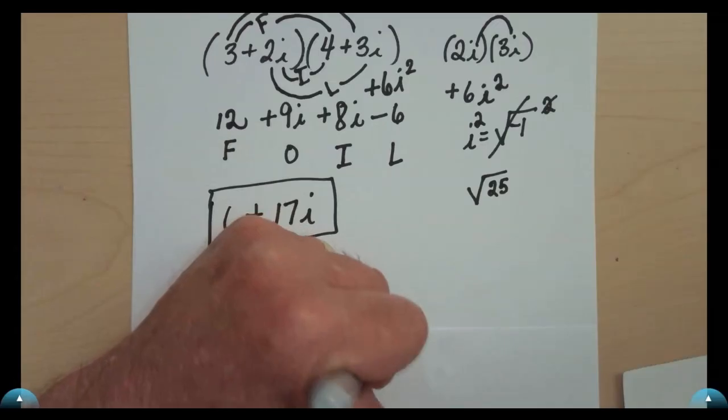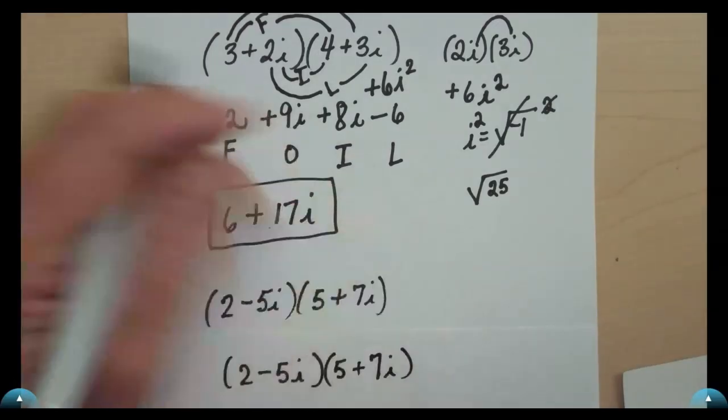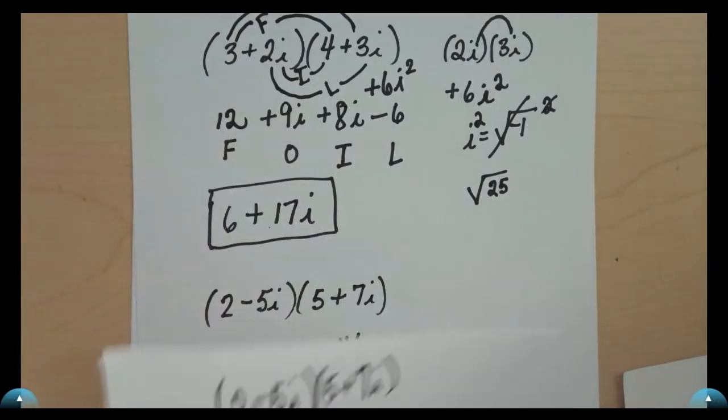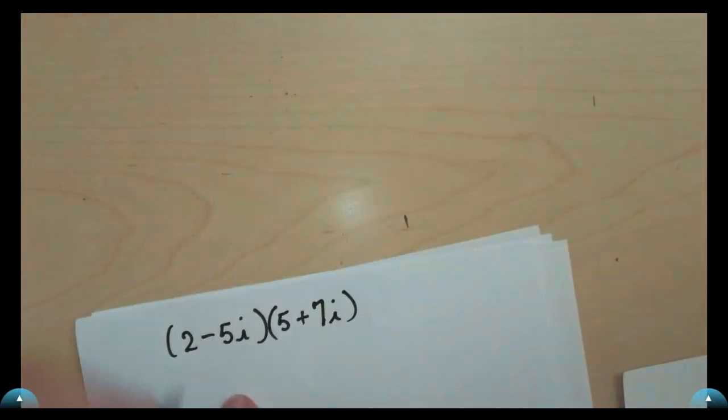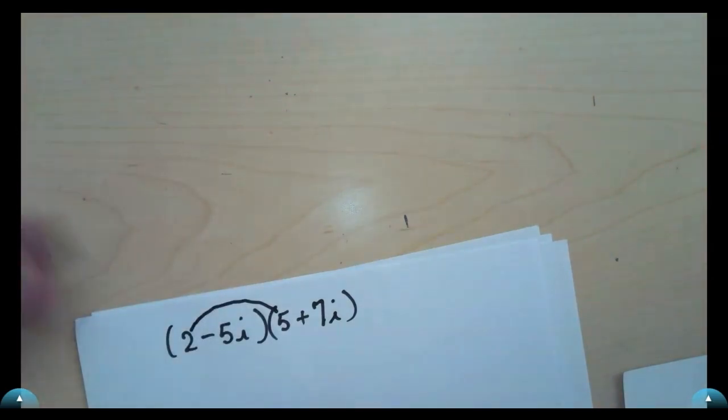The biggest thing, particularly until you've done it a lot and you're really confident and comfortable with it, is to take your time and do it one step at a time. I'm going to start just by going 2 times 5, which is 10.